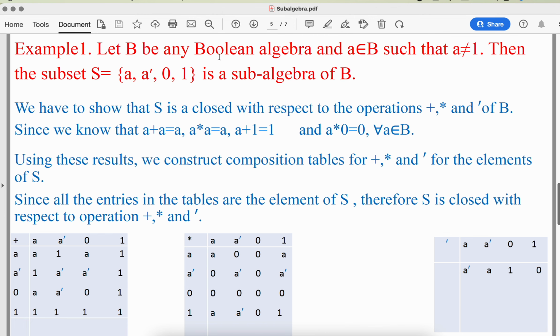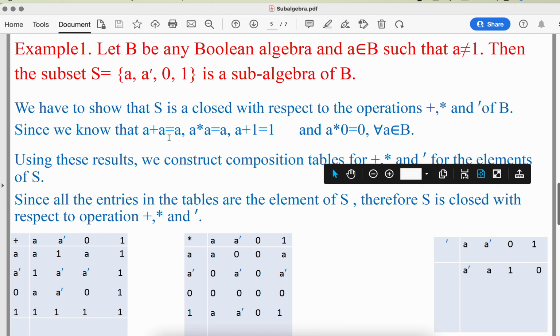For this, we will construct composition tables and show that S is closed with respect to addition, multiplication, and complementation. And for this, we will use A plus A equal to A, A into A equal to A, and A plus 1 equal to 1, A into 0 equal to 0 for all A belonging to B.